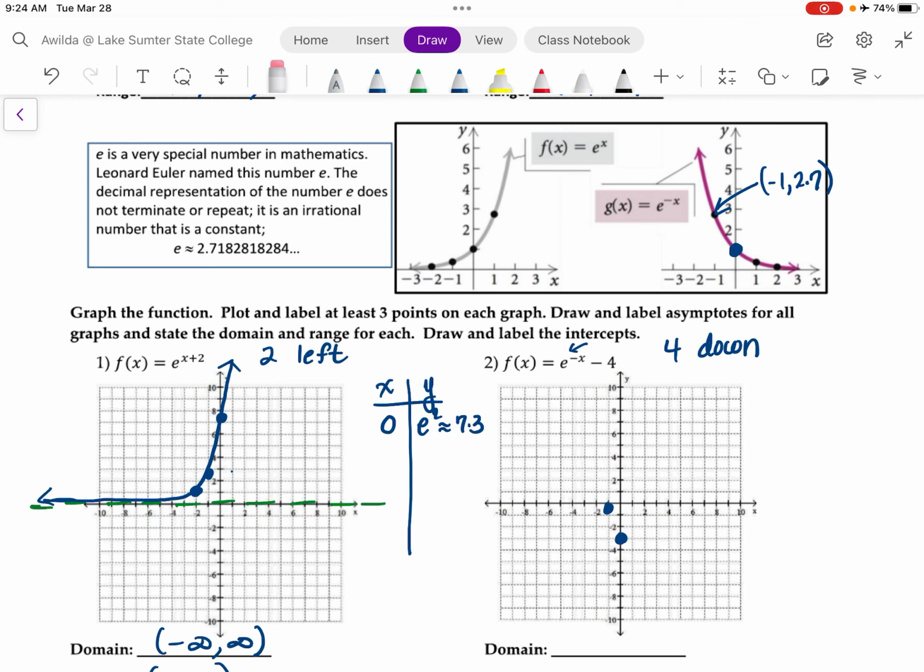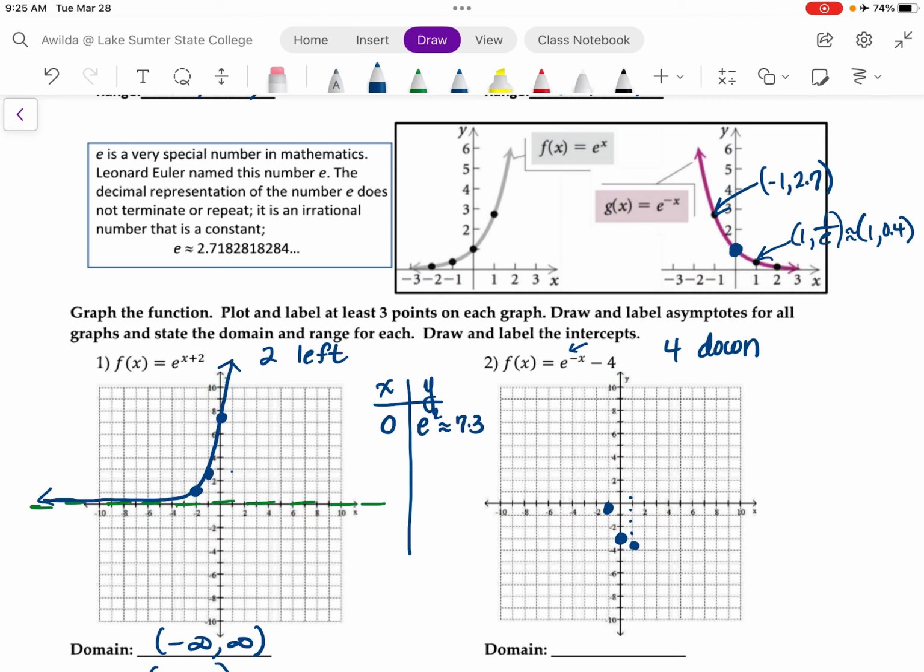Let me erase how I got there. Next, we have this point right there, which started out at 1, 1 over e, which is approximately 1, 1 divided by about 2.7. That's about 0.4-ish, approximately. So if I started out at 1, 0.4, I go 1, 2, 3, 4 units down, and so I'd be right about there.